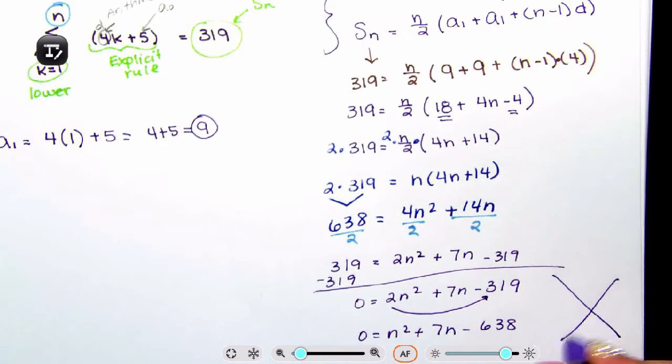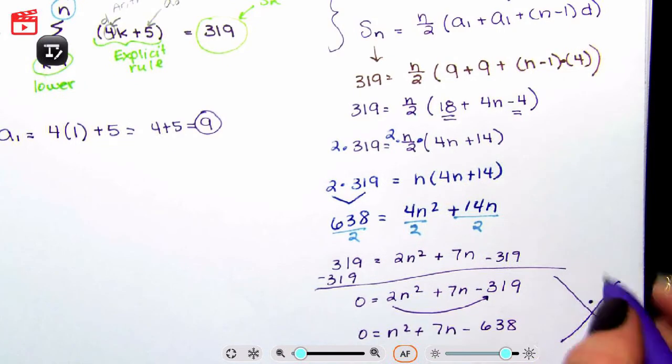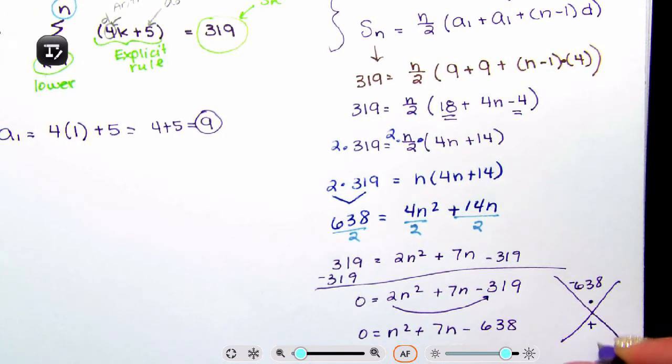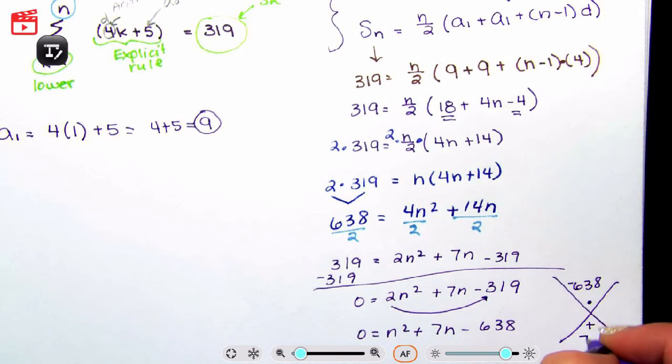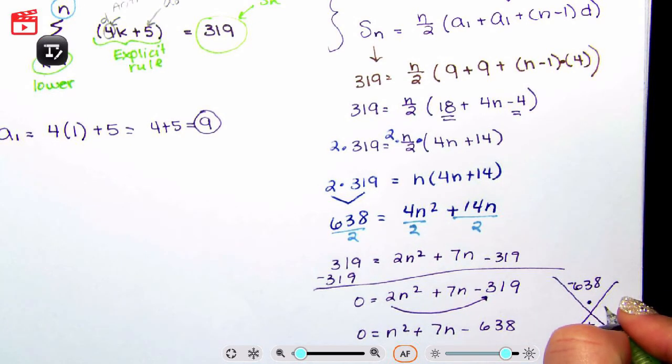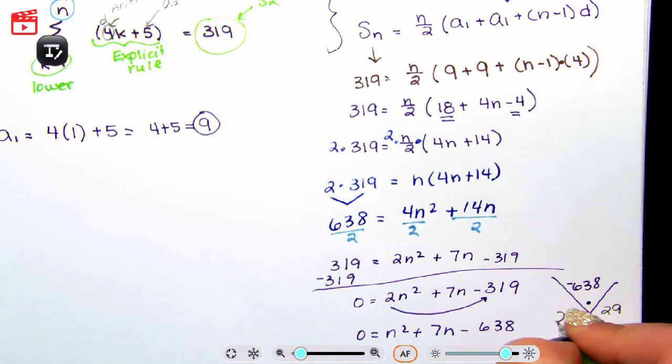Now we want two numbers to multiply to negative 638, but when I add them together, they want to equal a positive 7. And those numbers are, and again, I did do this one in advance just to save some time on the guess and check. But for guess and check, I got 29 and 22.